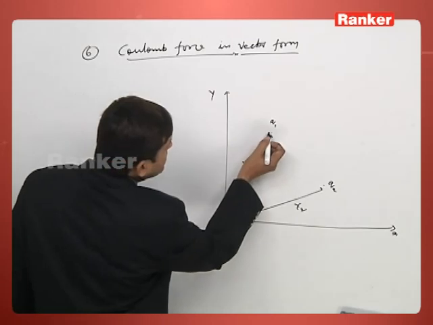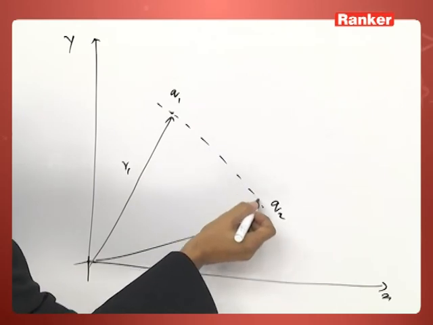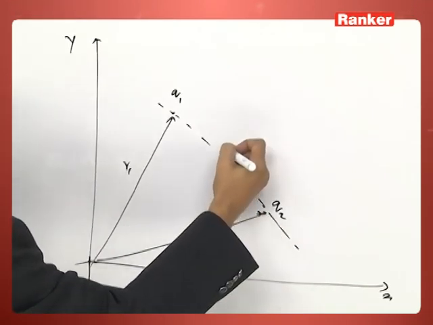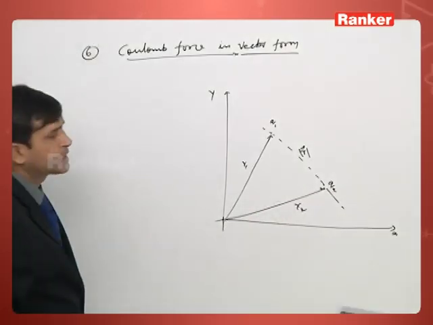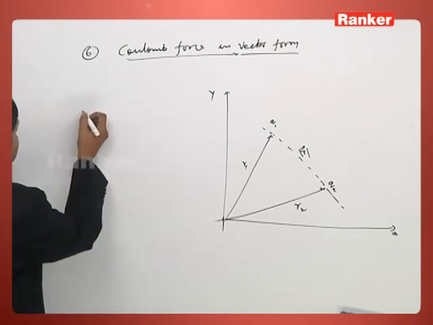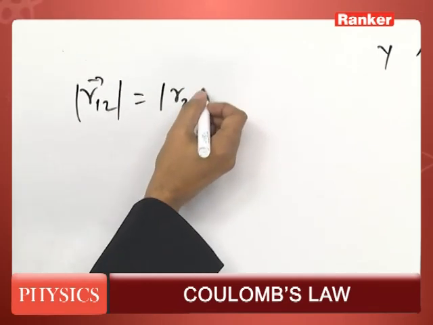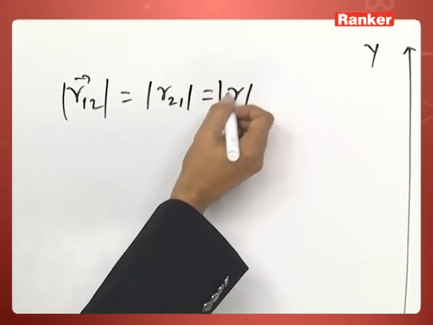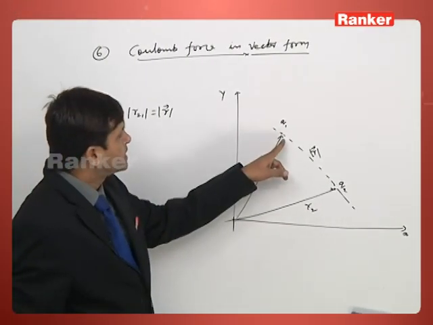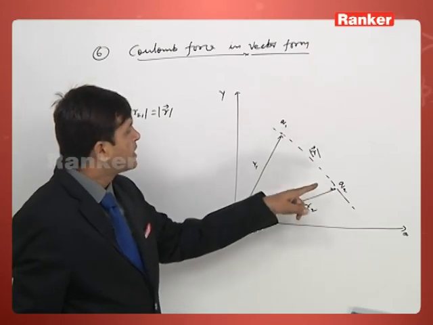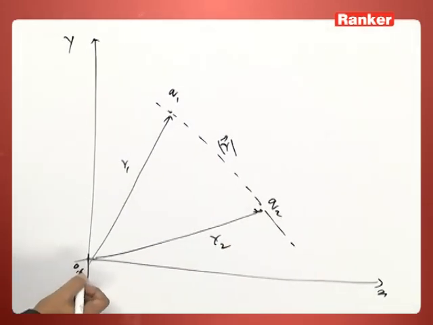Now, the line joining these two charges, we can say is modulus R. The modulus R means here R12 is equal to R21, which is nothing but modulus R. So R12 means position of charge 1 with respect to 2, and R21 means position vector of 2 with respect to 1, and this is the origin.